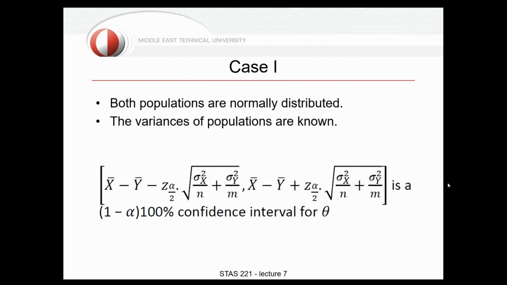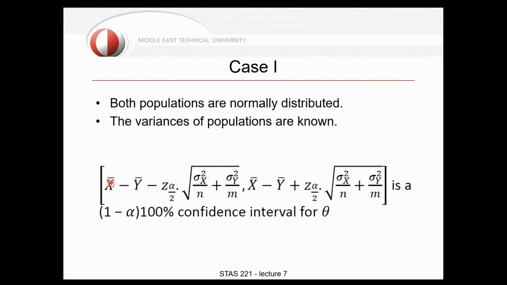Okay, so there are different scenarios again. We should check the conditions of the cases to understand which confidence interval we should construct. Okay, case 1. Both populations are normally distributed. Very good. The variances of the populations are known. This is very good. We have all the information to construct this confidence interval and read it easily from the standard normal distribution.